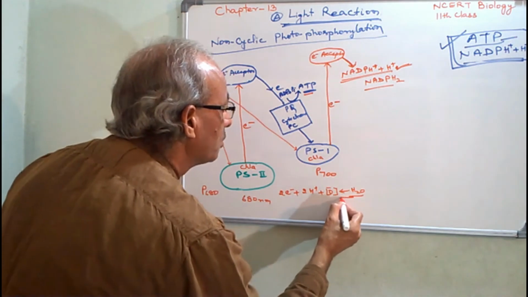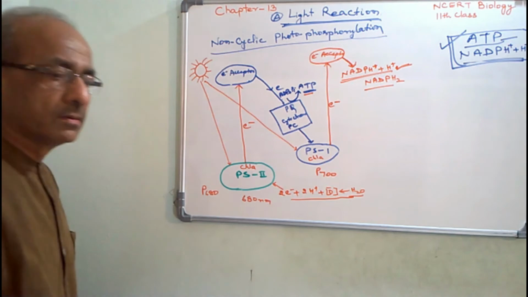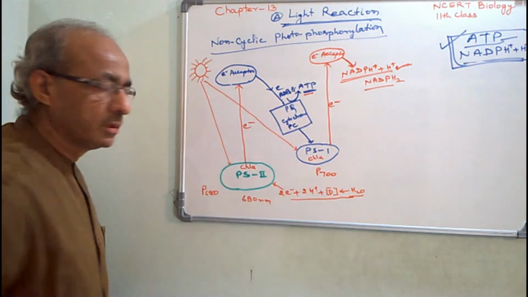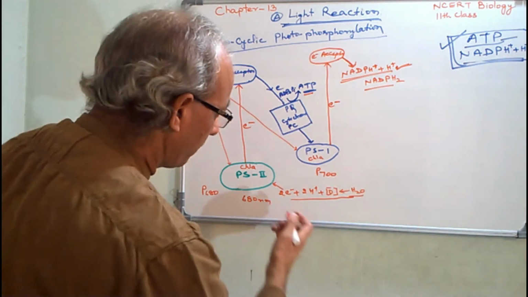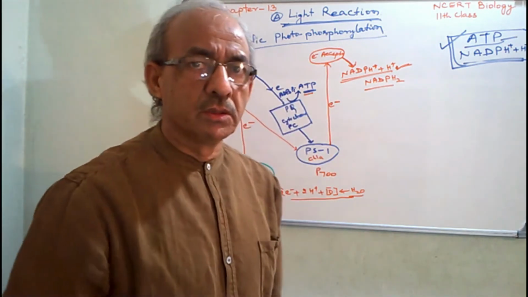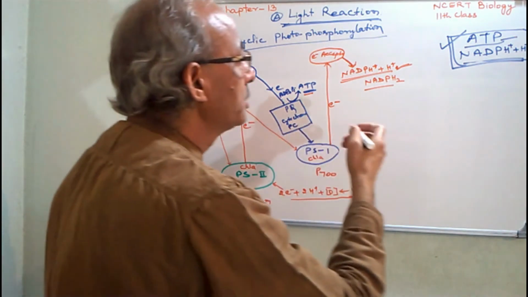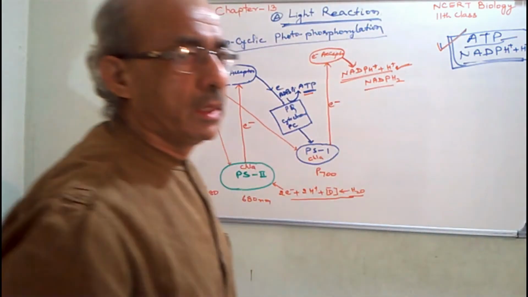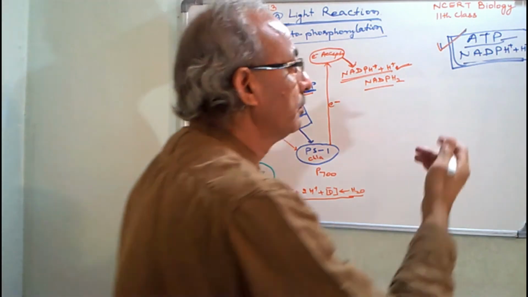By the process of photolysis, the loss of electrons is compensated by splitting of the water. And this is a continuous process. So, this is the process by which these reducing agents, ATP and NADPH, are produced continuously.